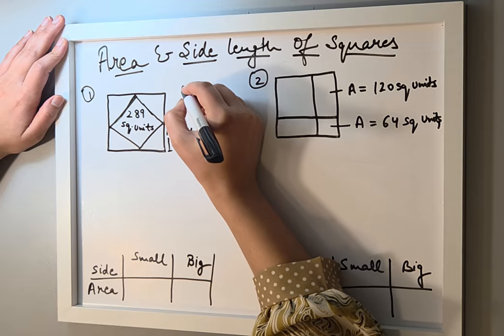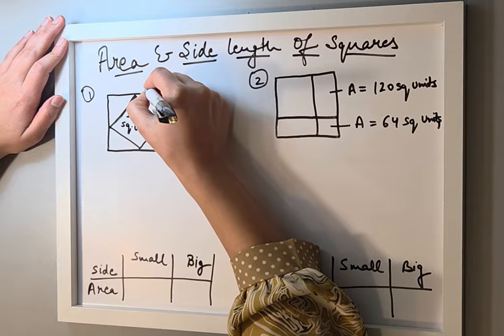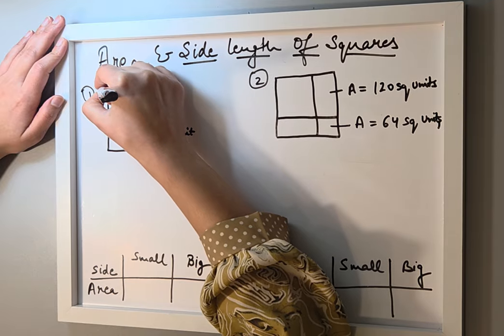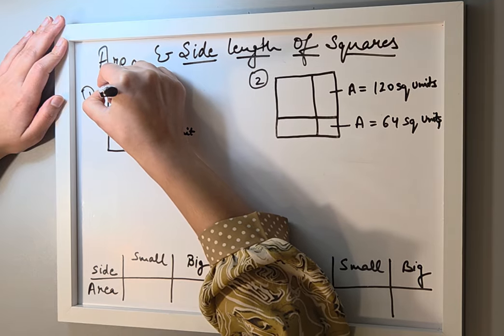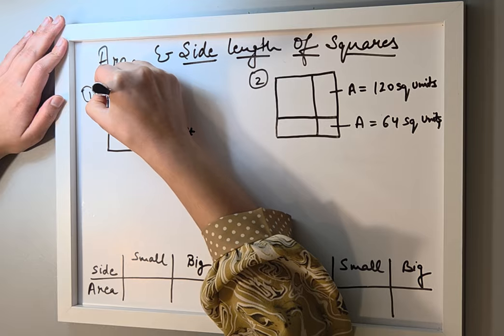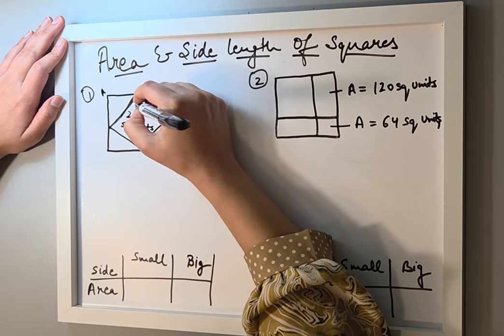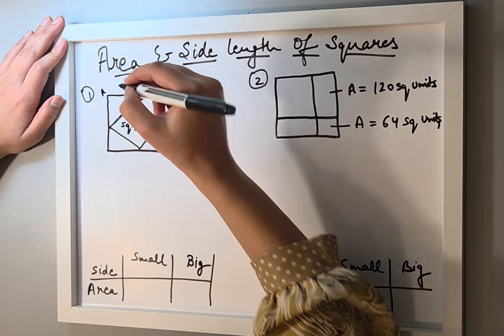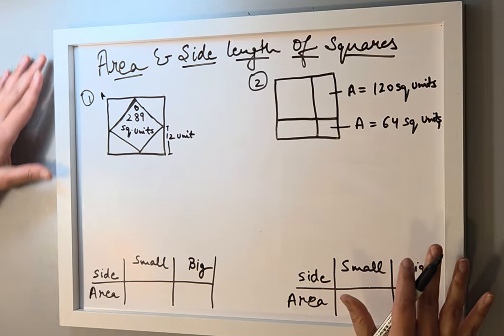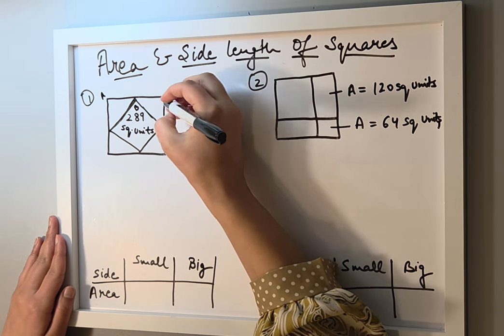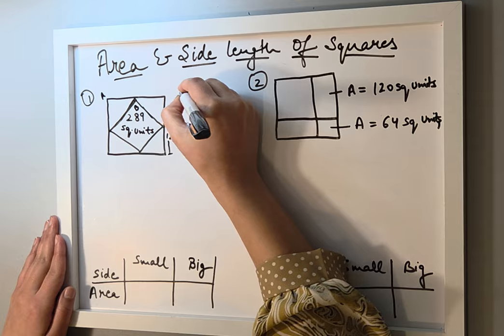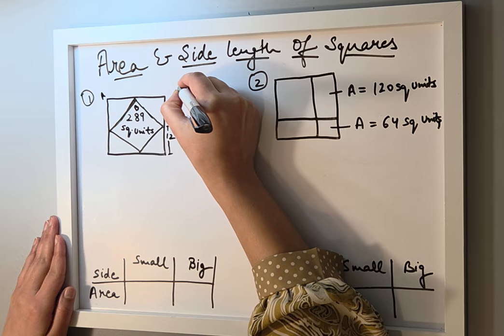So we've been given three pieces of information. Let me call this outside triangle A, and the inside triangle B, just to be on the same page. So what information do we have?